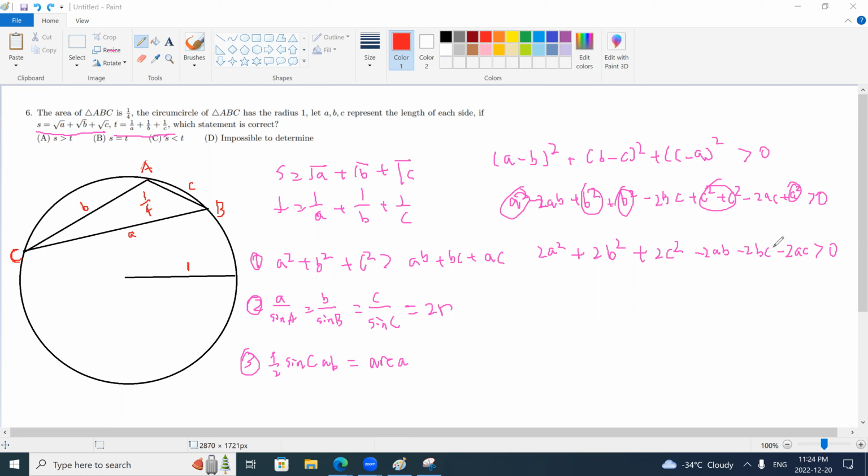Okay, so let's divide both sides by 2. 0 divided by 2 is still 0, but if we divide by 2 on this side, the two coefficients are gone.